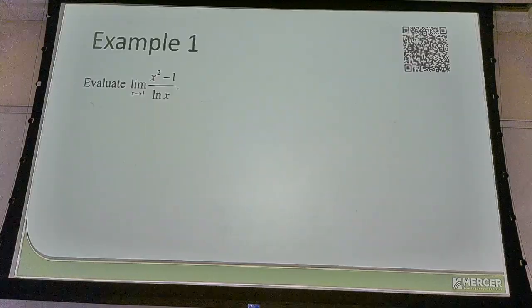Limit as x approaches 1 of x squared minus 1 over log of x. As before, you always want to start by just trying direct substitution and see what you get. Plug in 1, what do you get? Zero over zero.